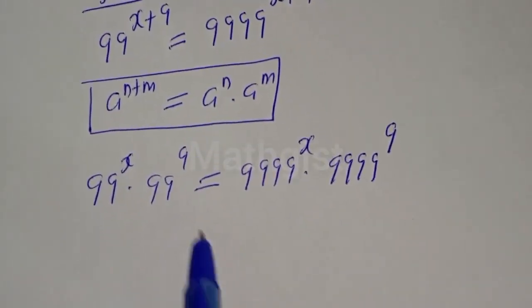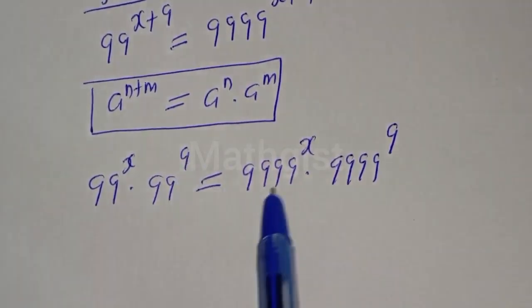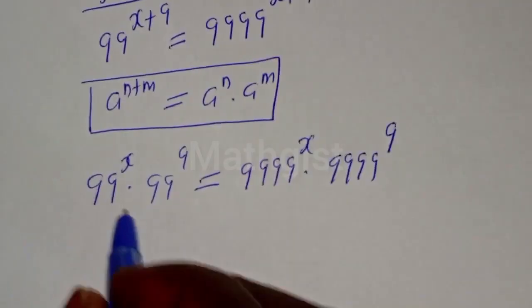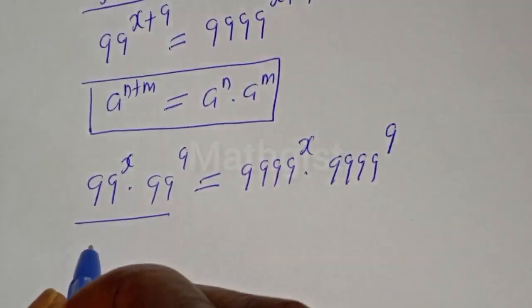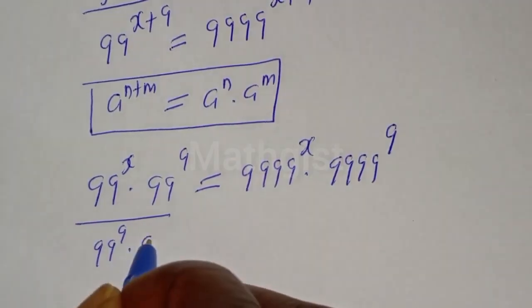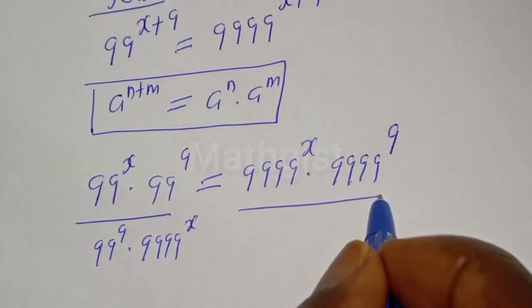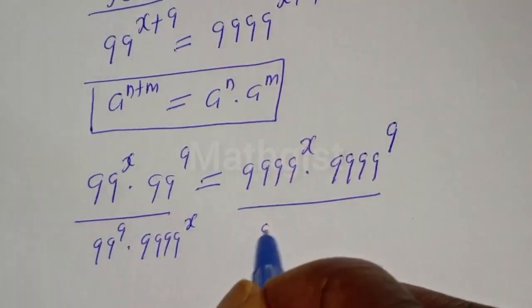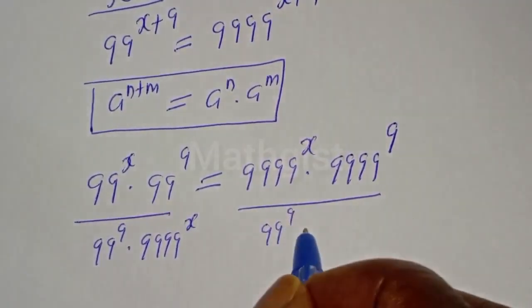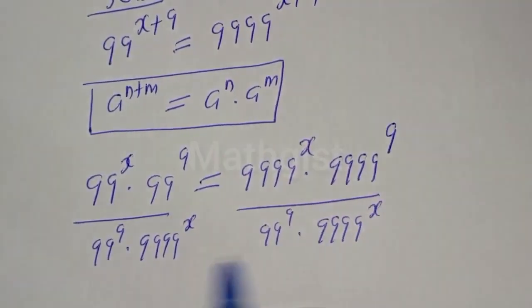Now let's divide both sides of this equation by 9 raised to power 9 and 99 raised to power s. This divided by 9 raised to power 9 multiplied by 99 raised to power s. Divide this by 9 raised to power 9 multiplied by 99 raised to power s.